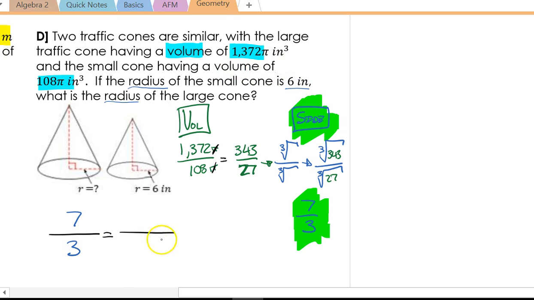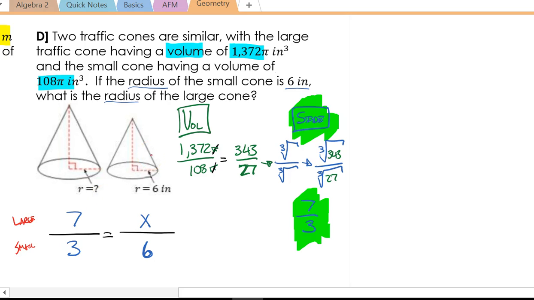The 3 was our smaller volume, so we can set the 6 inches with the smaller volume, and then we want to figure out what this radius value is going to be. A quick note: I set the large values over the small, both in how my volumes were changed into sides and in my measurements of the radius. We know that since it's a larger cone, it's going to have a larger radius than the 6.